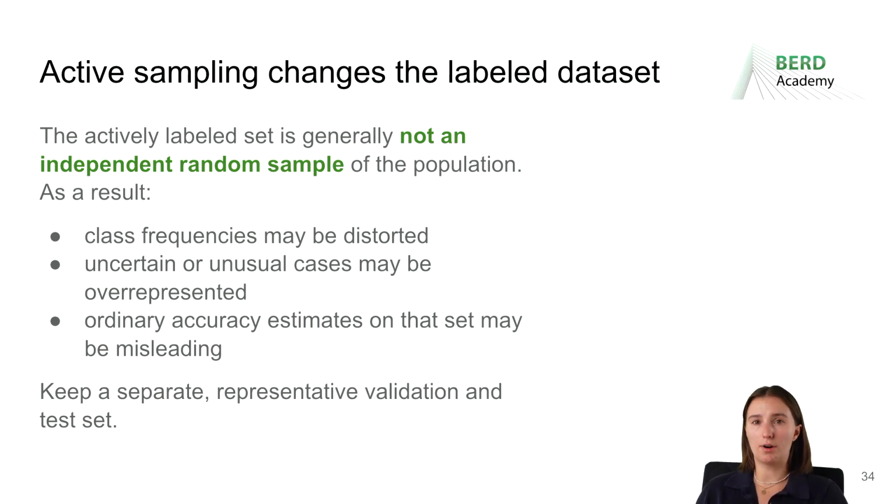You build up your data set in this iterative way, and that's why you don't have independent random samples anymore. As a result, class frequencies may be distorted.